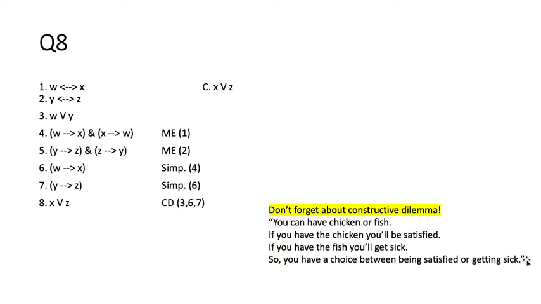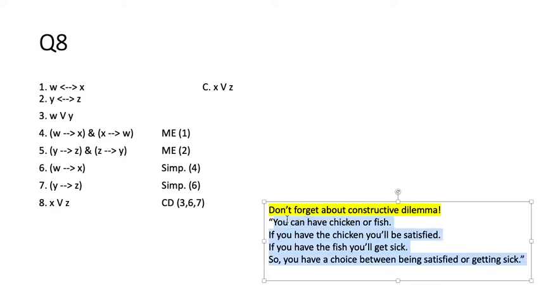So here's an instance of constructive dilemma in action, what I've written here in the quotes. So you can have chicken or fish, right? And you also know that if you have chicken, you'll be satisfied, but if you have the fish, you're going to get sick. You can infer from these 3 things that this thing is also true, that you basically have a choice between being satisfied or getting sick.